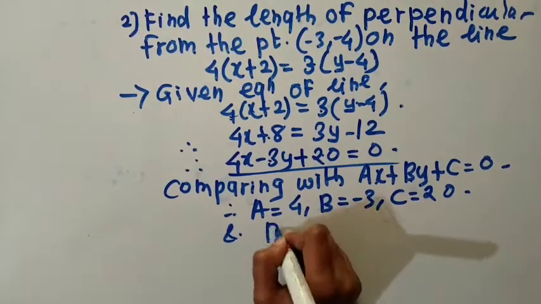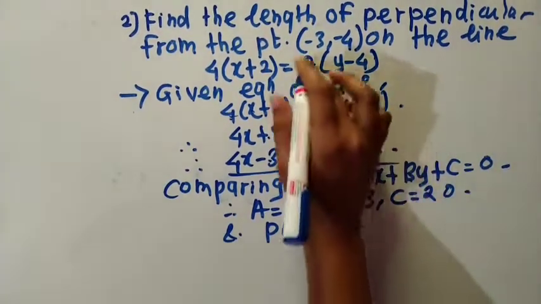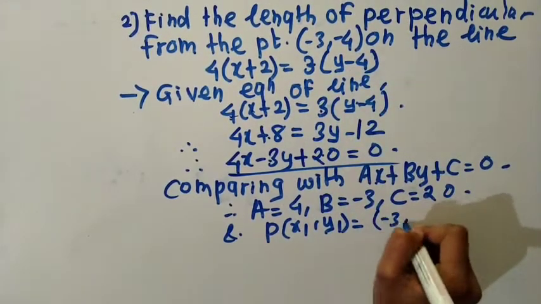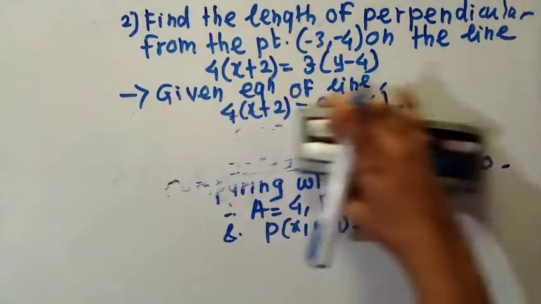And the point (x1, y1) = (-3, -4). Hence we find the perpendicular distance.